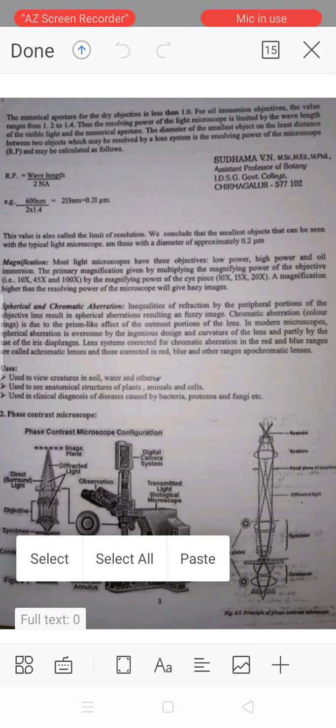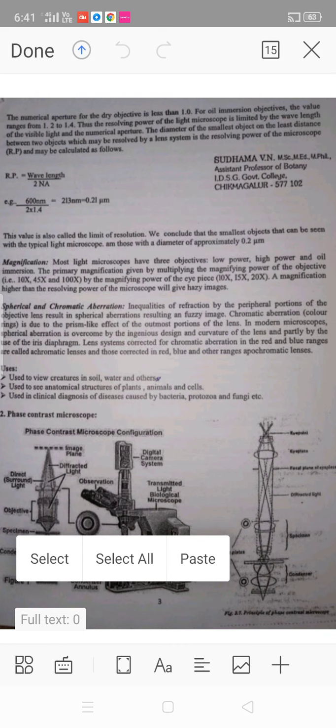In modern microscopes, spherical aberration is overcome by the ingenious design and curvature of the lens and partly by the use of the iris diaphragm. Lens systems corrected for chromatic aberration in the red and blue ranges are called achromatic lenses, and those corrected in red, blue and other ranges are apochromatic lenses.